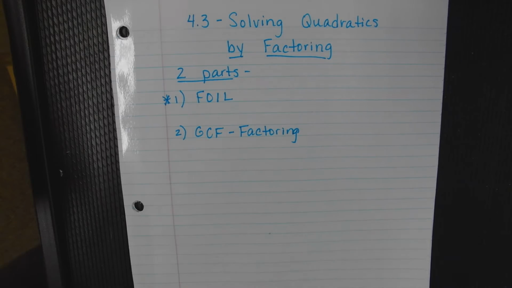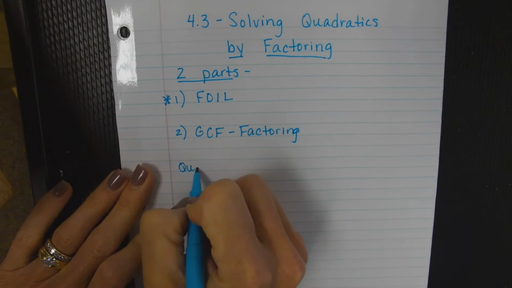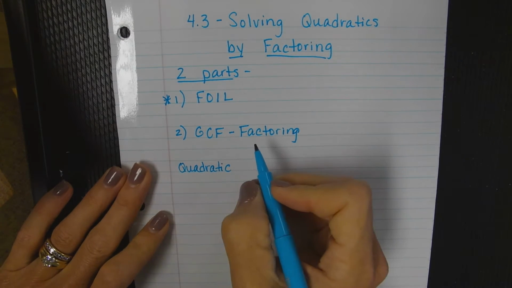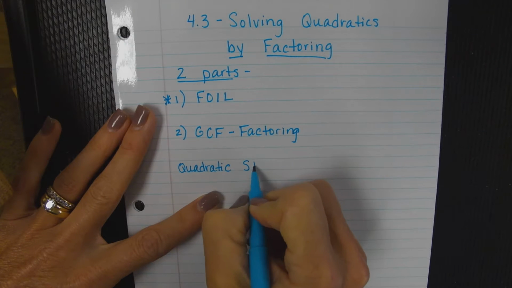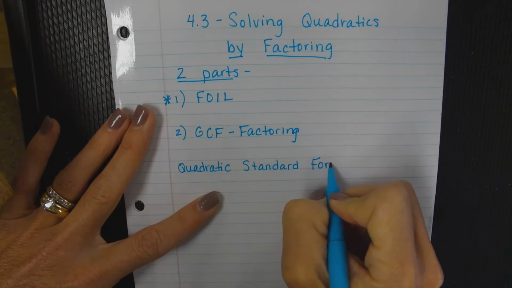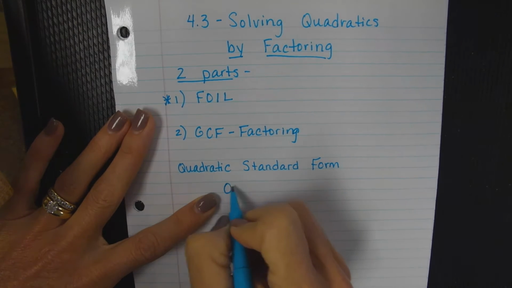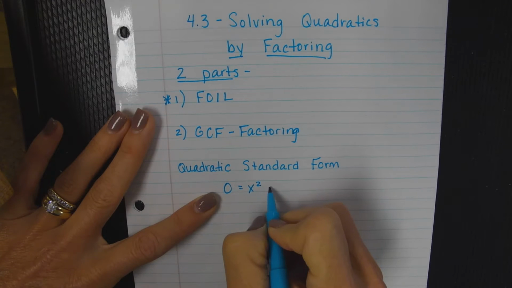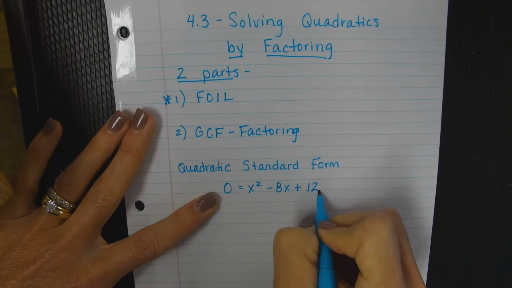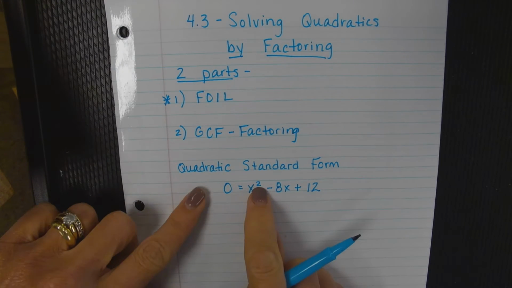Just a quick review. Quadratics, standard form is what you've been looking at. It looks like this, and this is just an example. This is the quadratic. Remember, the x squared tells you it's a quadratic.